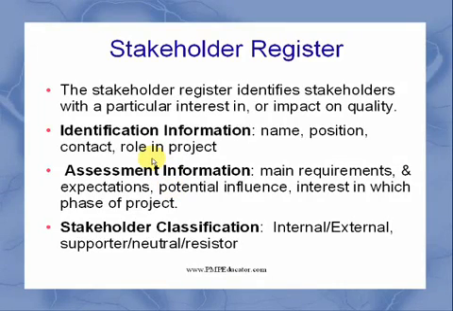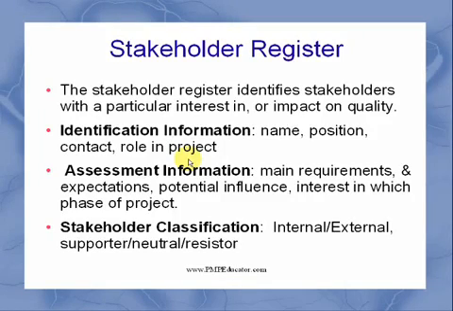First you want to know the name of the stakeholder, the position of that stakeholder in the organization, or if it's an external organization, the position there, and the contact information, which you will need for future communication as we go through the communication management lectures. And also the role in the project, and how important that role is.